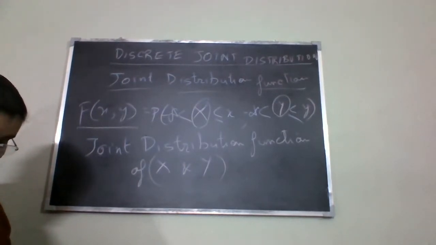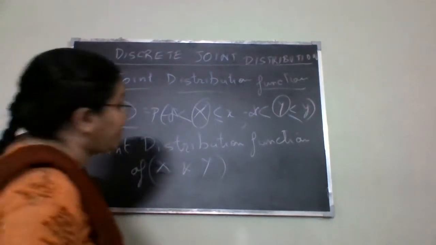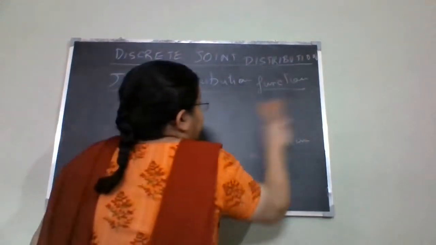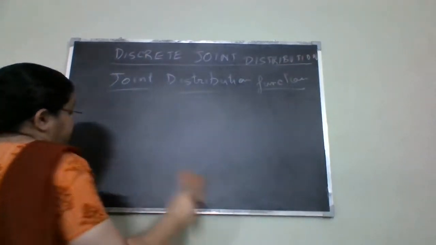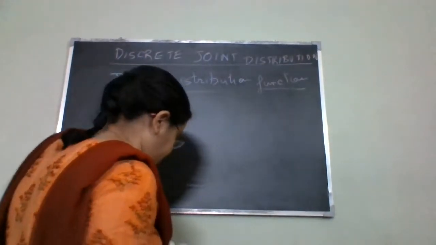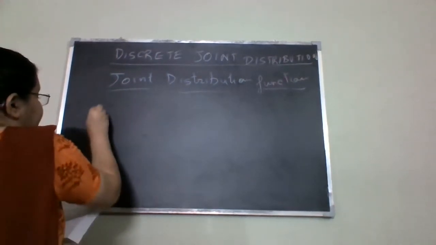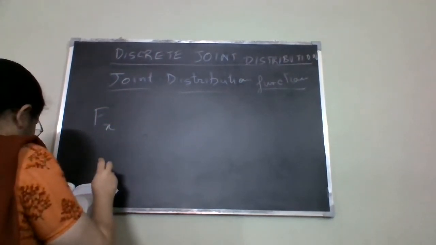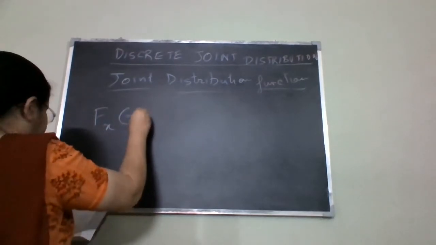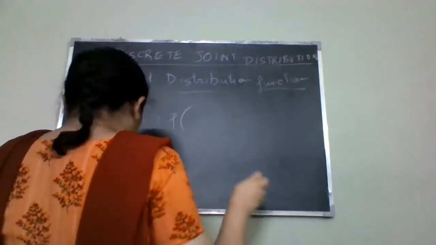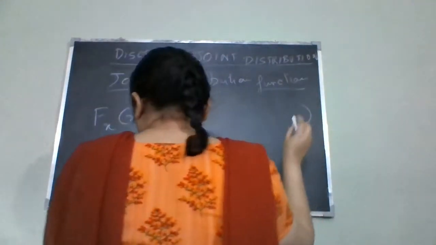Okay, now let us find out the function F_X(x). Means again the marginal distribution. Okay, you know, adding all the row values. So we will get F suffix X, function of x, that is equal to, just look very carefully, you have to remember these things.